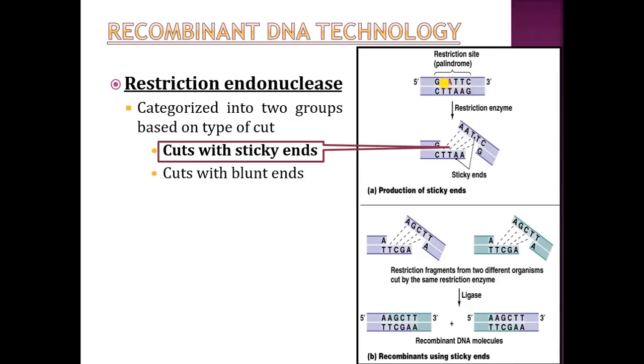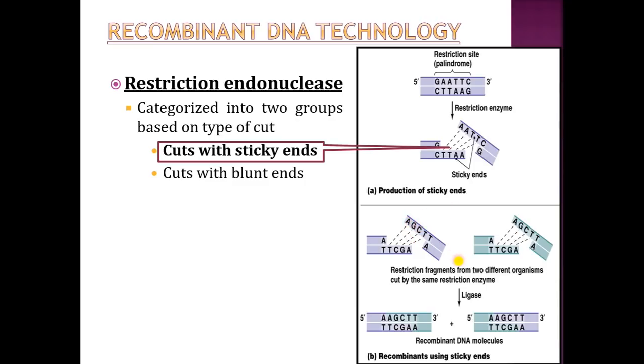At that site, the restriction endonuclease acts and produces stretches having a single strand on both sides. When these cut DNA molecules having sticky ends attach with the same sequence on the other side, they stick to the opposite strand. So this is the restriction endonuclease that produces a sticky end.